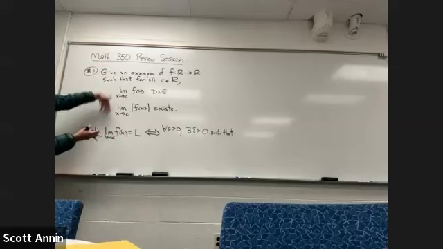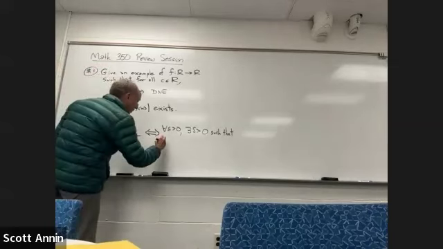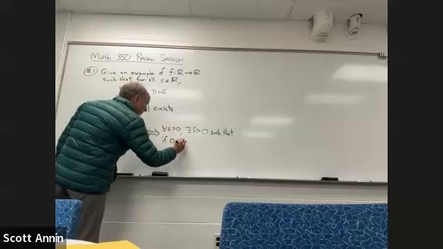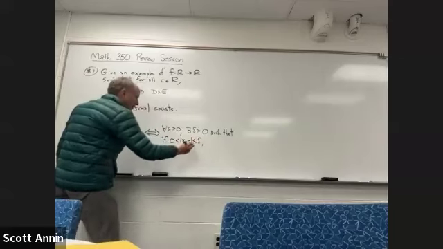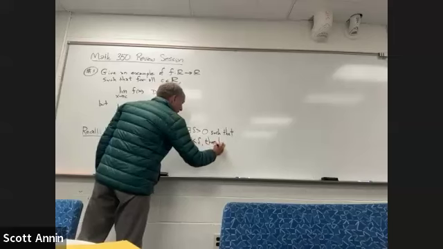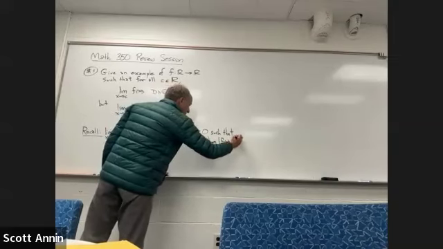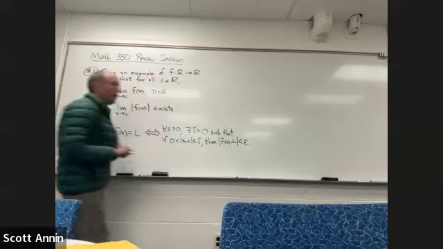And then part B would be, give me the example. So something like that: if 0 is less than absolute value of x minus c is less than delta, then absolute value of f of x minus L is less than epsilon.